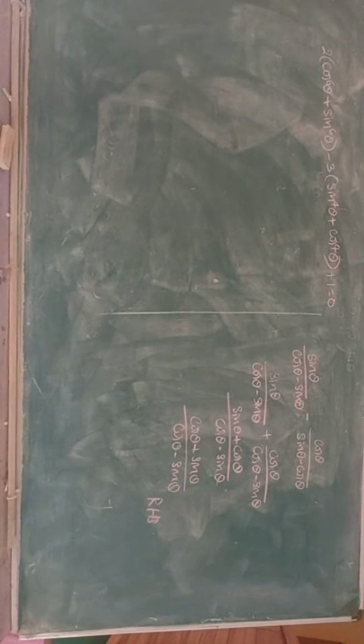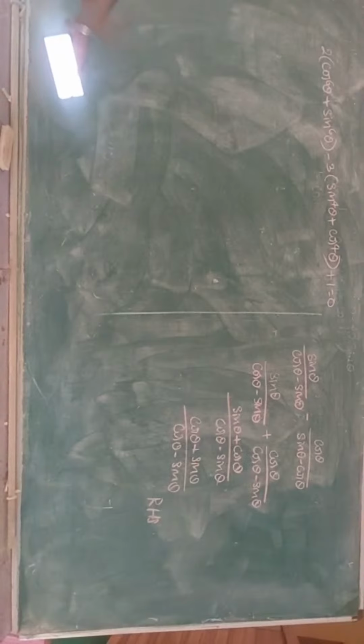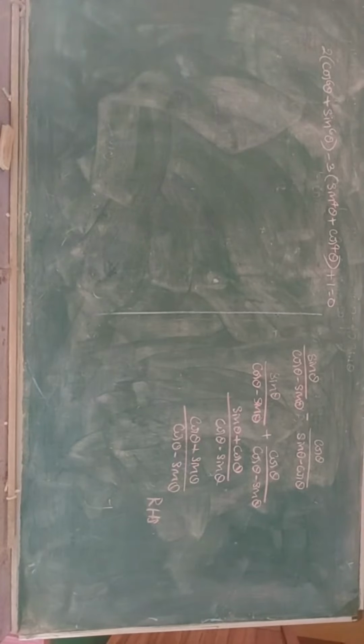See the example. 2 cos to the power 6 theta plus sin to the power 6 theta minus 3 into bracket sin to the power 4 theta plus cos to the power 4 theta plus 1 is equal to 0. So you have to take the LHS side and we can prove RHS, that is 0.